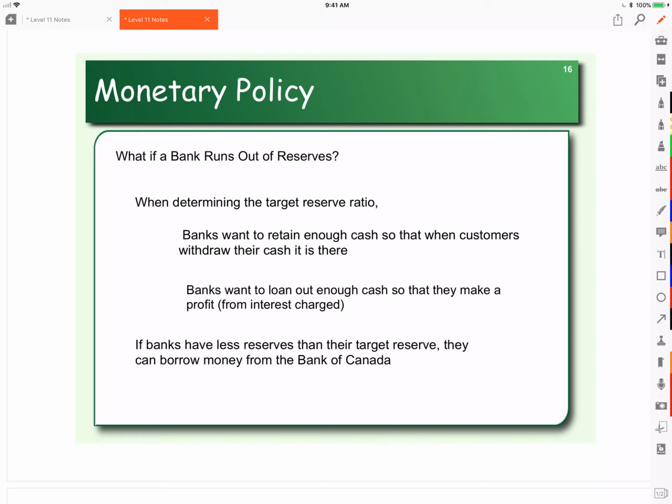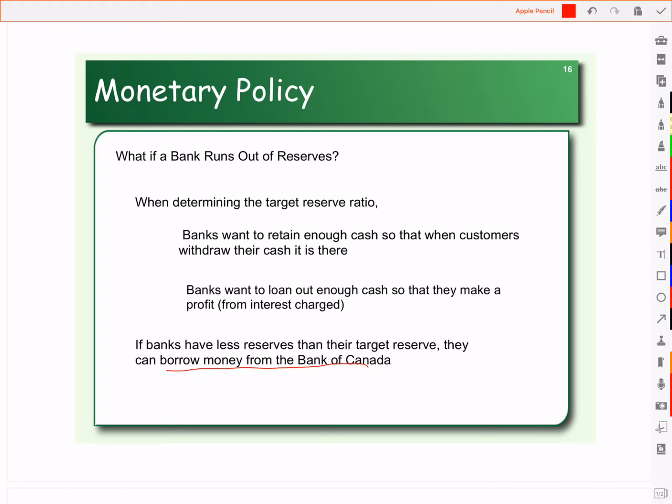Now, we talked before about what impacted the money multiplier. And so when we talk about that impact of that target reserve, we have to have money in the checking account, customers who want to borrow it, and banks who want to lend it out. Now, if a bank runs out of reserves, doesn't have enough cash on hand, because maybe our target reserve is 0%, then if they are a federally chartered bank, they can borrow from the Bank of Canada.